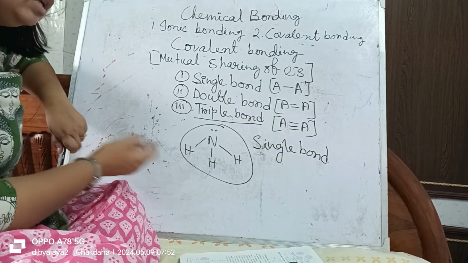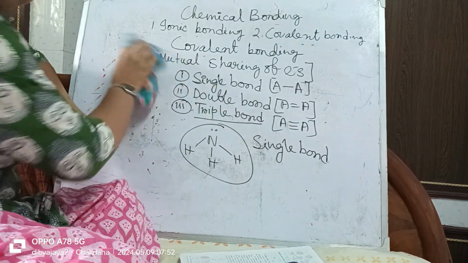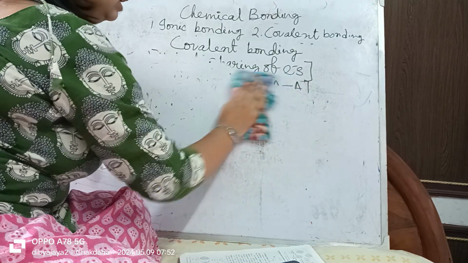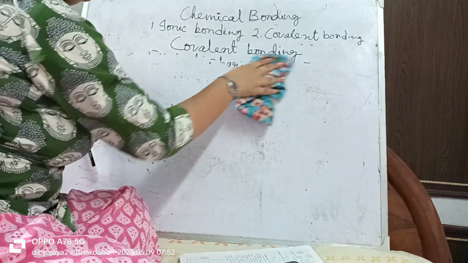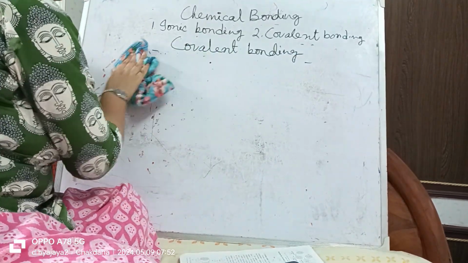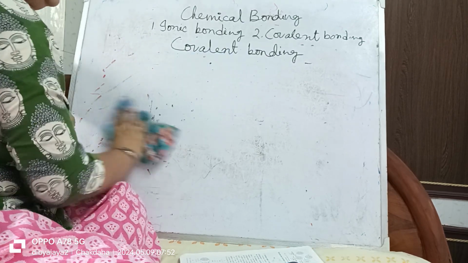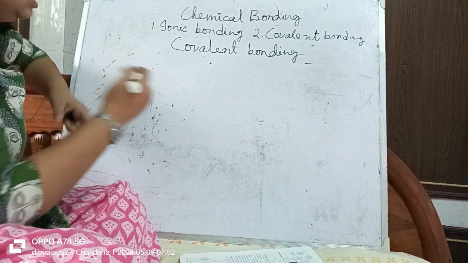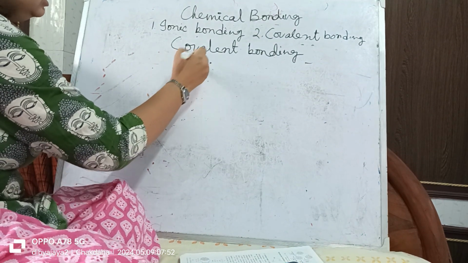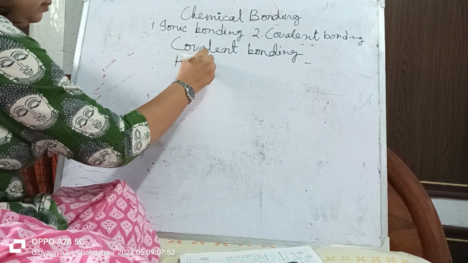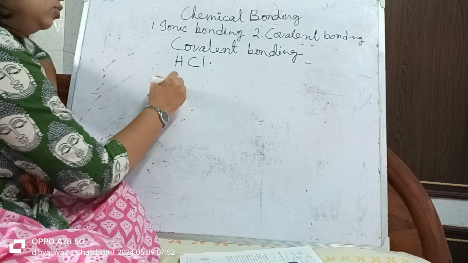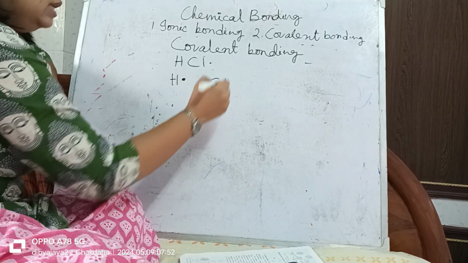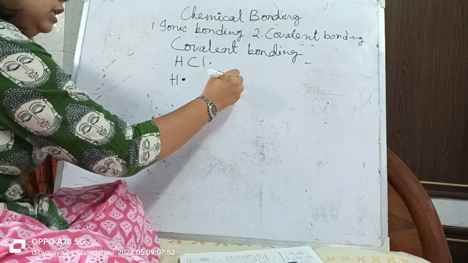Okay, now let's see how it is formed. First we will practice a single bond compound, and then double bond, and then triple bond. By the electron dot structure we will just draw this. Suppose HCl, hydrogen chloride. Hydrogen has 1 electron and chlorine has 7 valence electrons.